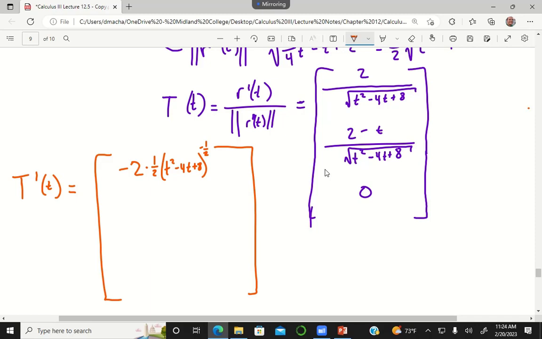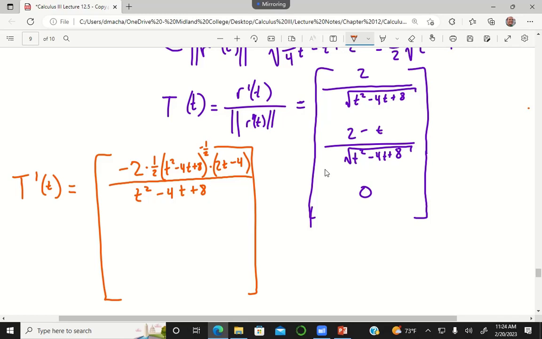And then, so that's minus f g prime. Oh, times, don't forget chain rule, the 2t minus 4. Divided by g squared, which is actually nice. It's this.